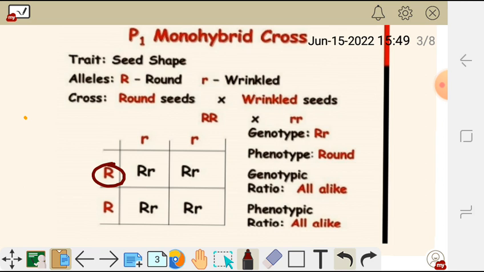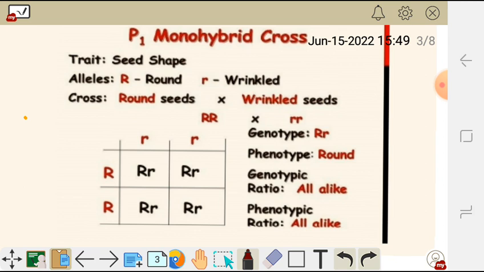We're going to have capital letter R and small letter r in this first square, and for this one with that one we are going to have the same result, and this one with this allele here we are going to have that result there, and this one with that again we are going to have these results there.